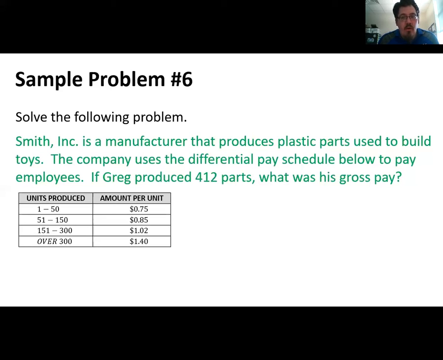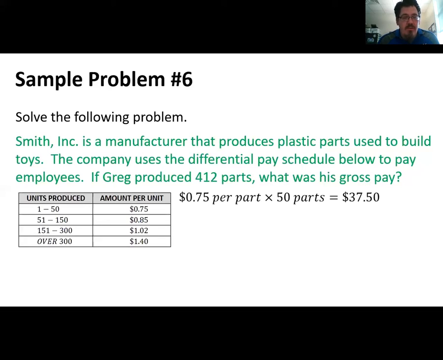And then when they're in the over 300 range, they're getting paid $1.40 per part. So it's giving you that incentive to produce more, because when you get to those higher numbers of parts produced, you get more pay. Now, to calculate the gross pay, you have to do this based on the different stages in terms of what you're getting paid.